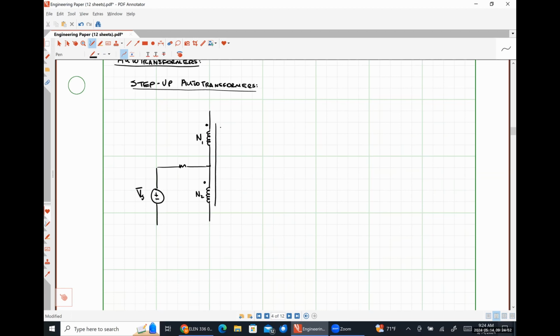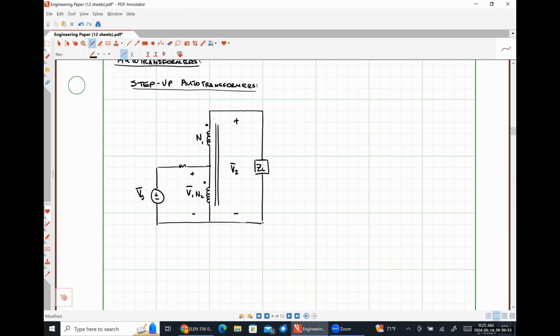I'm going to draw these long lines like this to show that these are perfectly connected to each other, or perfectly coupled to each other. Here's our impedance ZL. And then our primary voltage would be here. Sorry, this is getting busy. And our secondary voltage would be here.